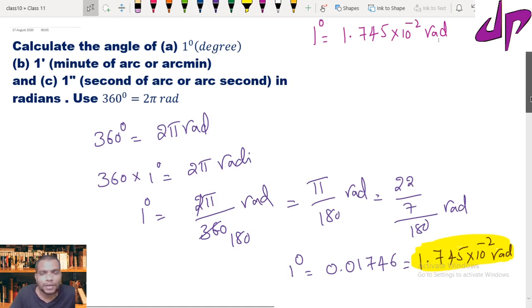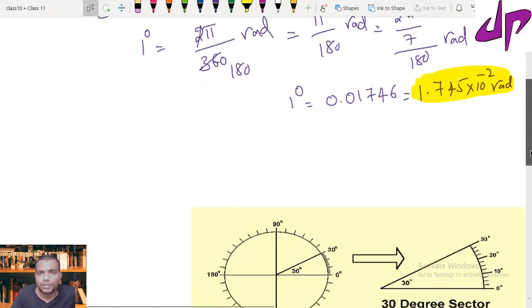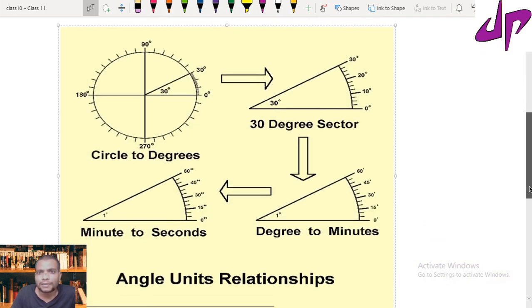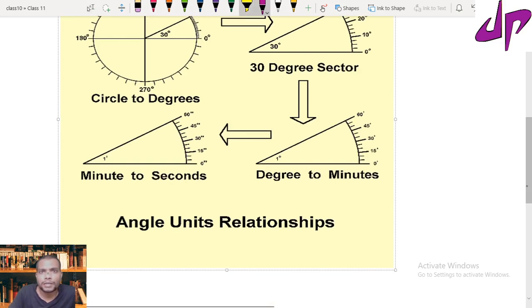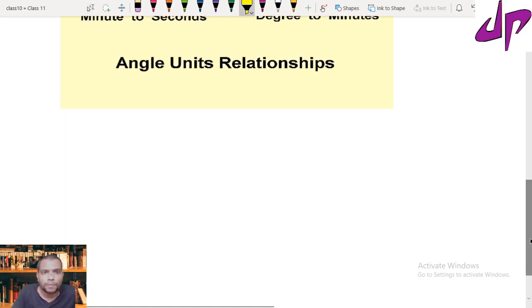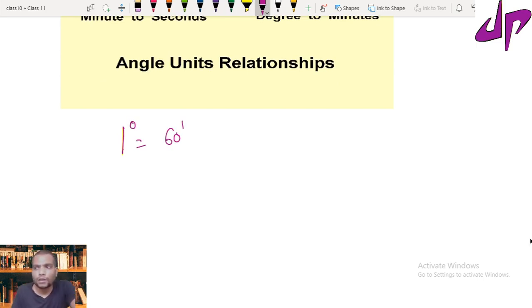Now to calculate 1 minute. We know from the previous concept that 1 degree equals 60 minutes. If you remember this figure, degrees into minutes, 1 degree equals 60 arc minutes. So 1 degree equals 60 minutes.